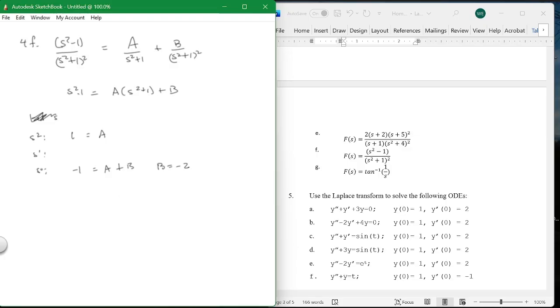Now, what's the final answer? Well, it's 1 over s squared plus 1, which is what?